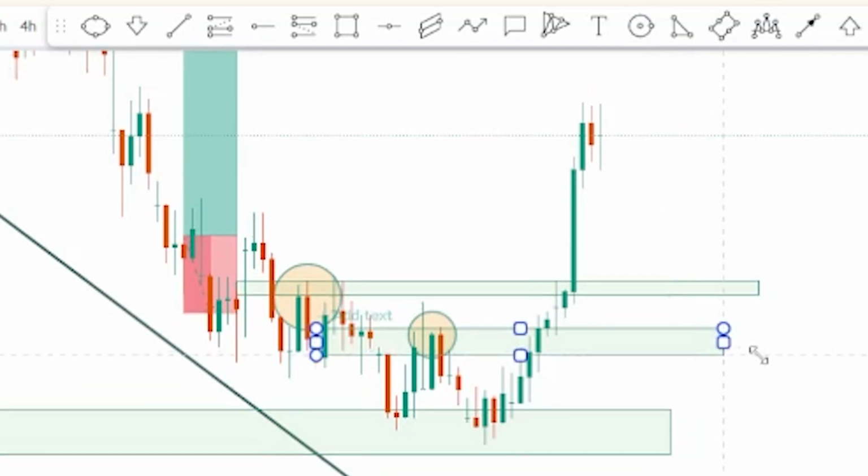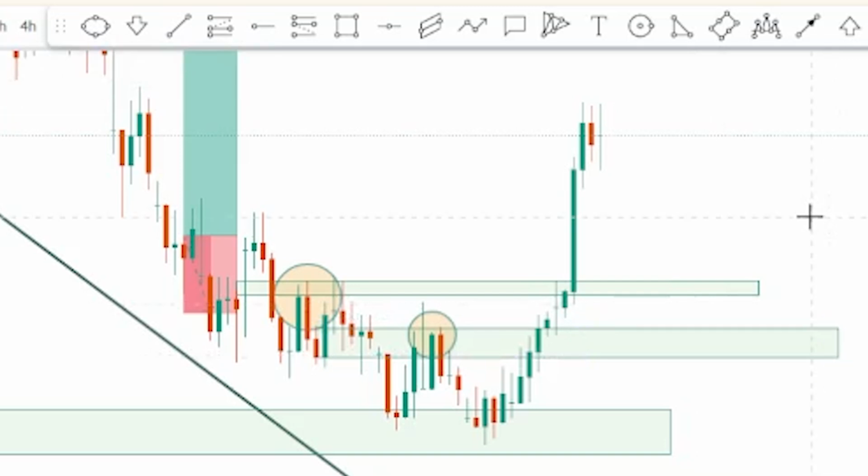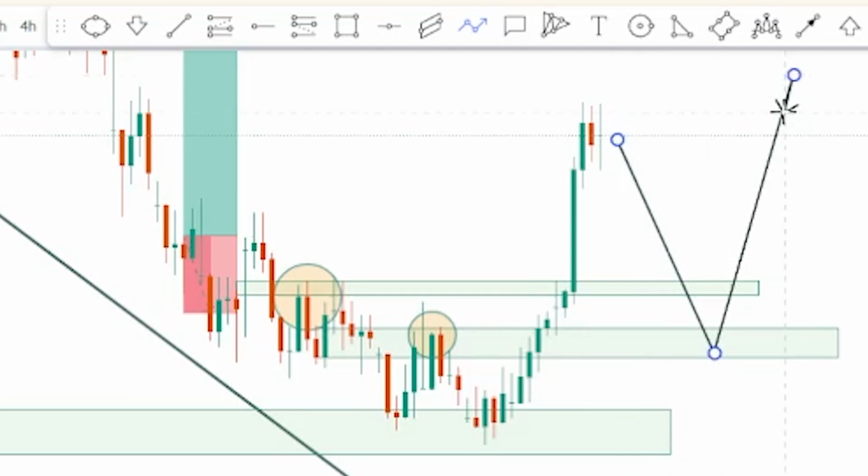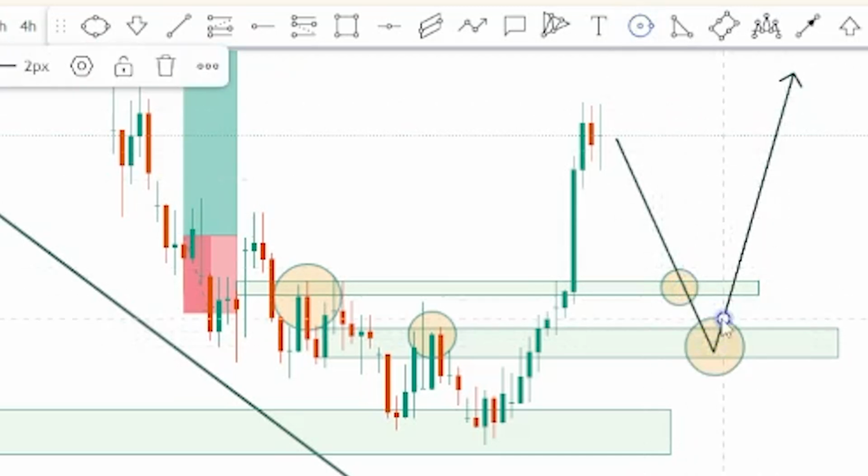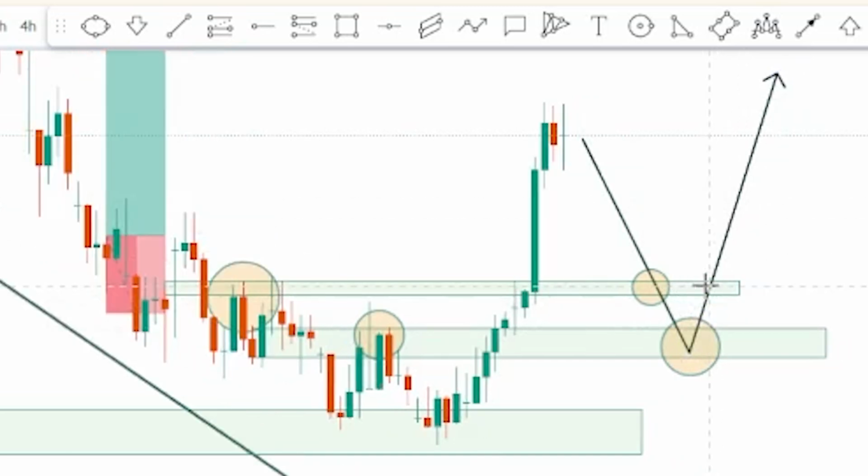So now I have two options to enter from. I have two entries. If the market pulls back from this area, I will be looking for a buy, entering from either this area or this area. All of these are entries to go for a buy.